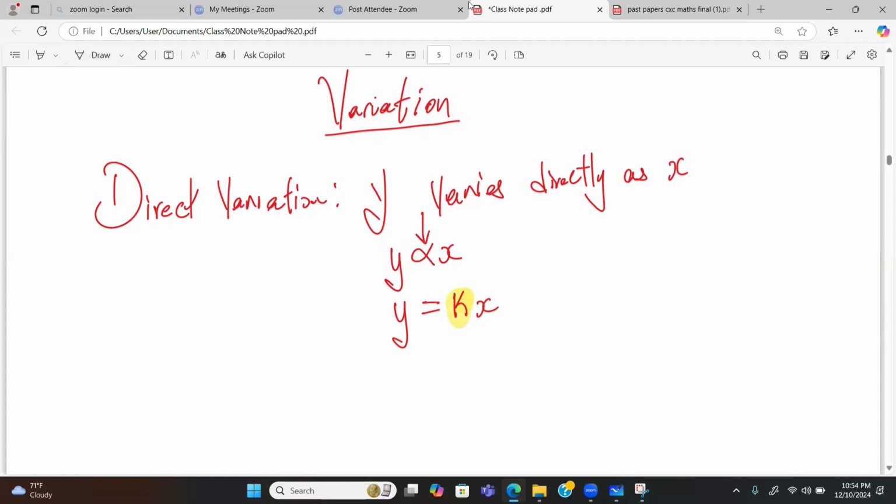So with variation, especially this direct variation, there are times when the value for y will go up. Because it's direct variation, the value for x will go up. But the value for k, which is the constant of variation, will remain the same.